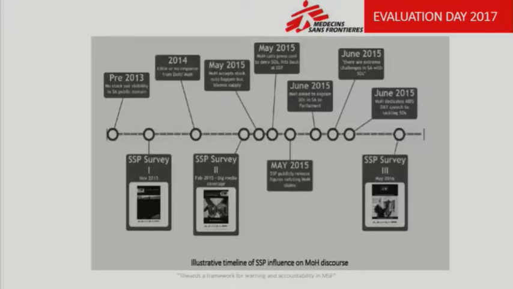And this is quite a complicated slide, but it basically shows the change in government, above the line, from denial to acceptance to becoming a major part of the minister's approach and speaking, and the timing of the different surveys and where the SSP challenged the status quo. So by linking reports from the media, etc., to the surveys, it shows the impact that the surveys had in changing the mindset.